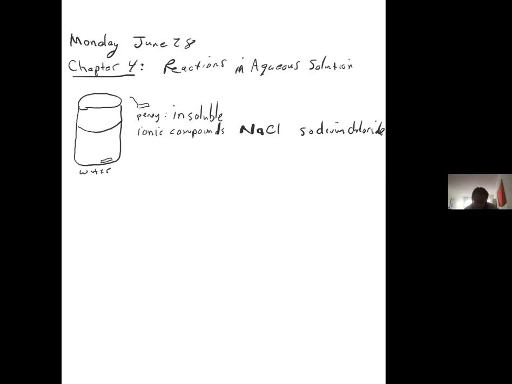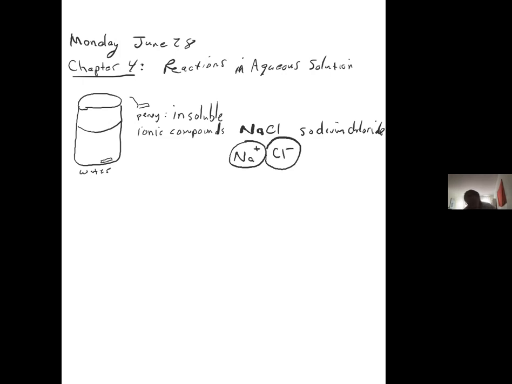So how do you know something's an ionic compound? Strictly speaking, it's when you have ions combined together. The sodium chloride compound is really a combination of sodium ions and chloride ions. An ion is a charged particle, a charged atom, if you want to think of it that way, or a charged molecule. You have a sodium ion that's positively charged and a chloride ion that's negatively charged.